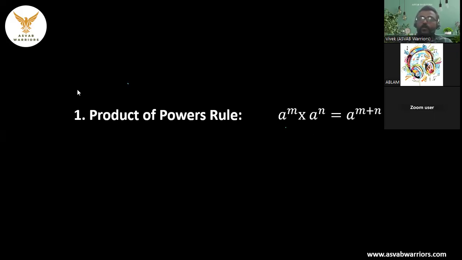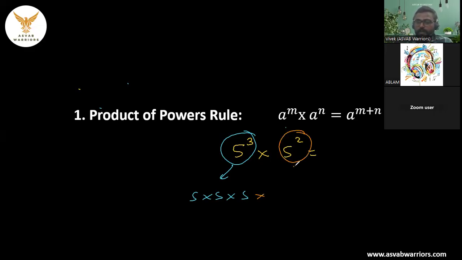So how do I explain that to you? In place of a I am just putting 5, and in place of m I am putting 3, and n is 2: 5 to the power 3 times 5 to the power 2. I can write 5 to the power 3 as 5 times 5 times 5, and 5 to the power 2 as 5 times 5.